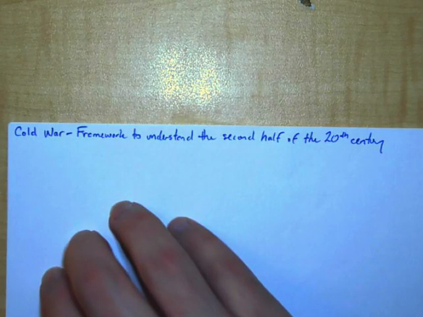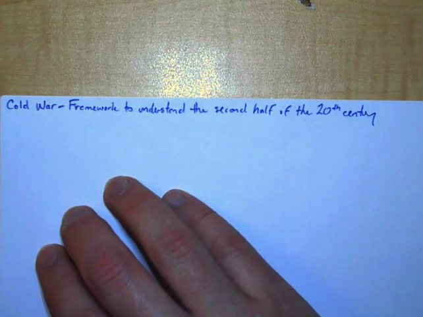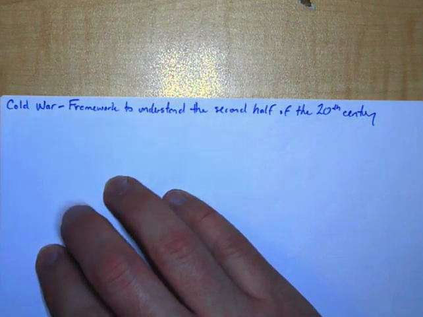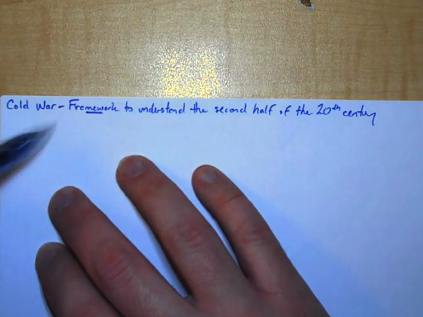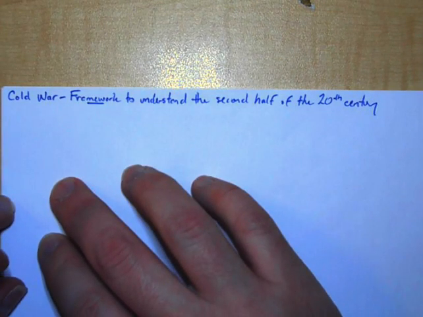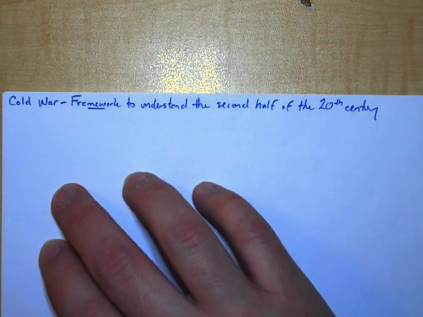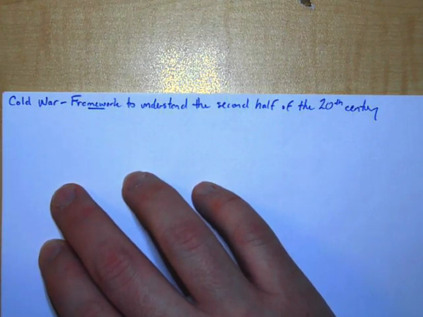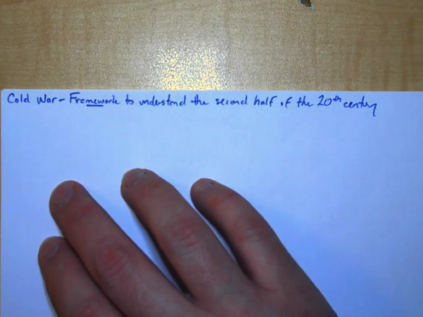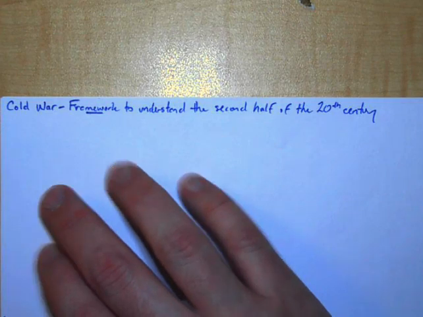So everything that happens after World War II is influenced somehow by the Cold War. And so what we're going to do in this video and in the next video is cover this general framework to understand all the other stuff that's going to happen over the course of the 50 or so years that round out the 20th century.